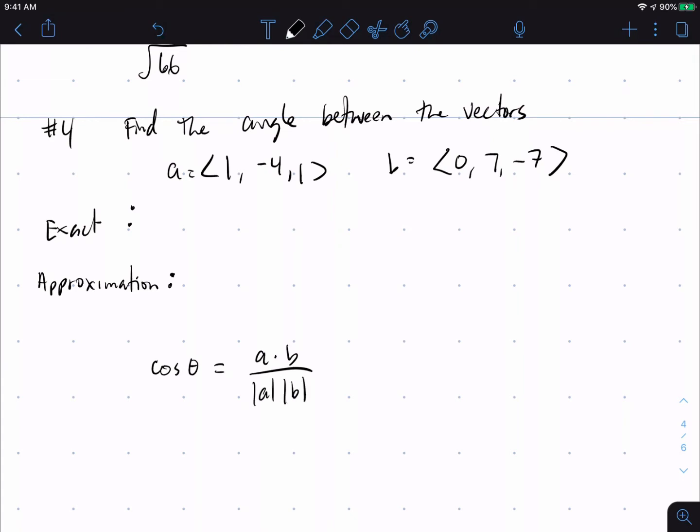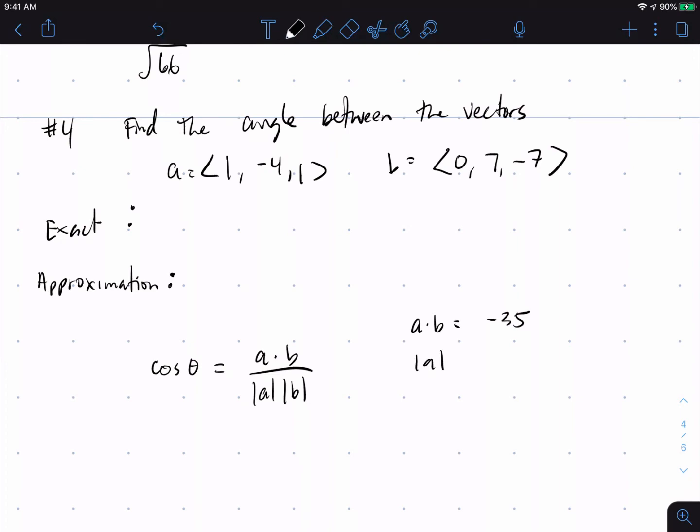Got to say that correctly. So the dot product for this is what? What did you guys get? It's -35. That's right.